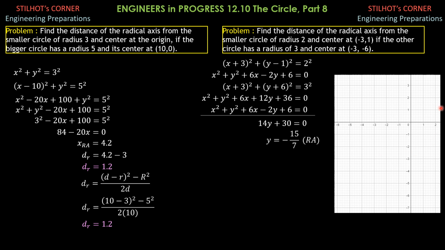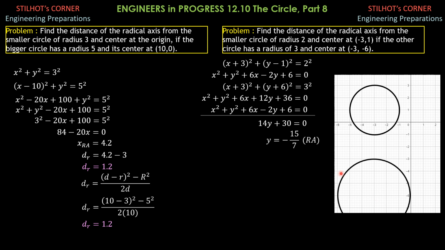Let us show that in this coordinate plane. This first circle has its center at (negative 3, 1), and the radius is 2 units as shown. The other circle has its center at (negative 3, negative 6), which is here, and the radius is 3 units as shown.